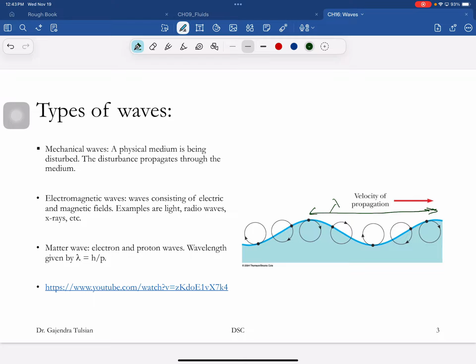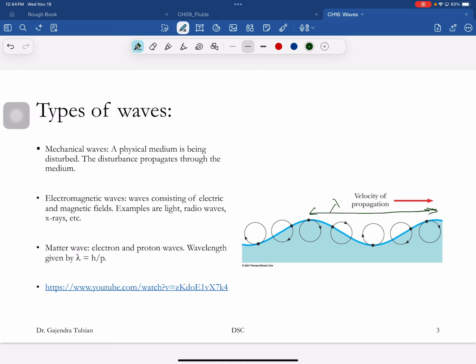So if you're looking at something, how do I see you guys? What is happening? Light is reflecting off of you, and I'm detecting that light.